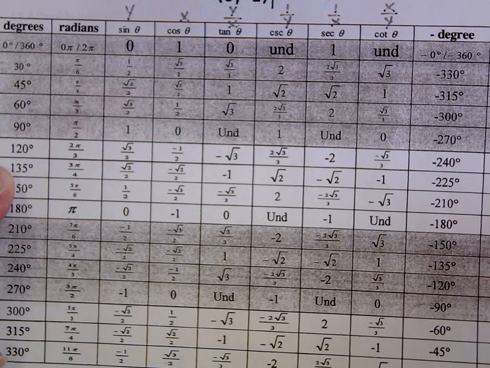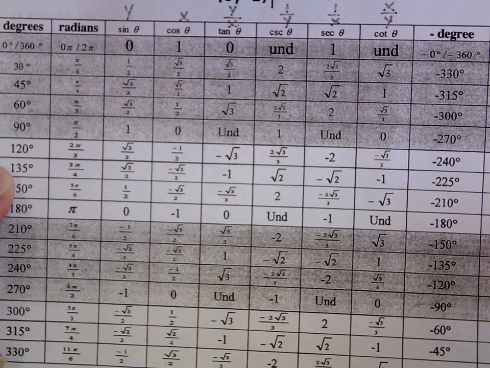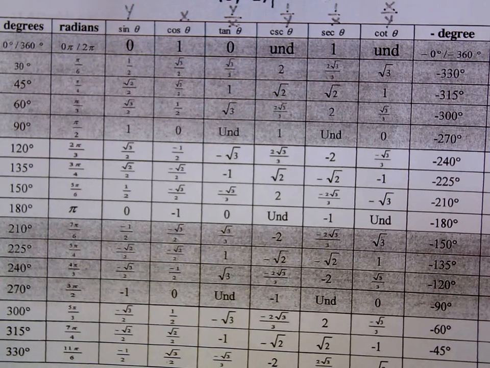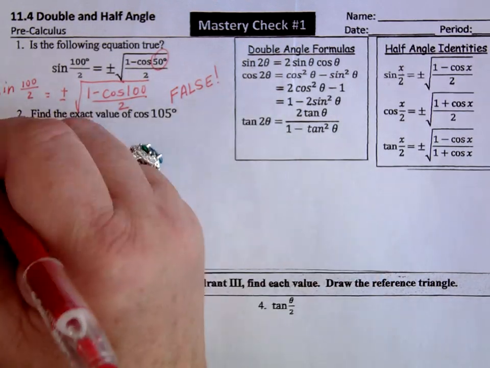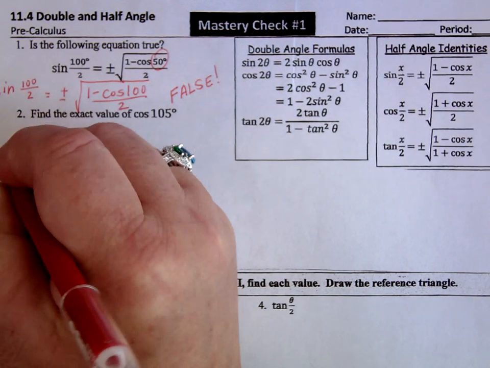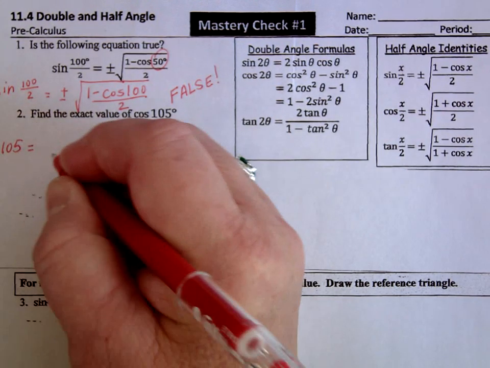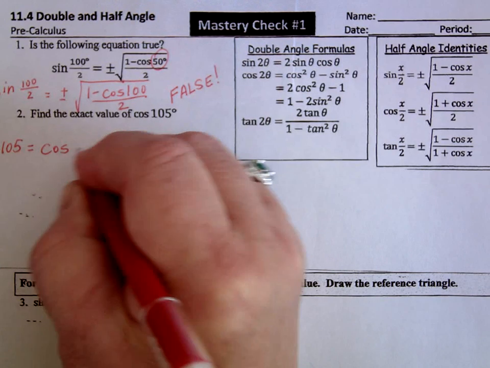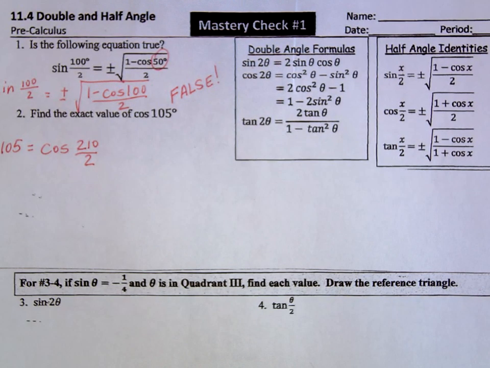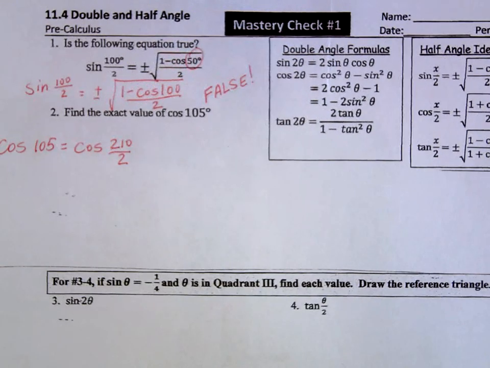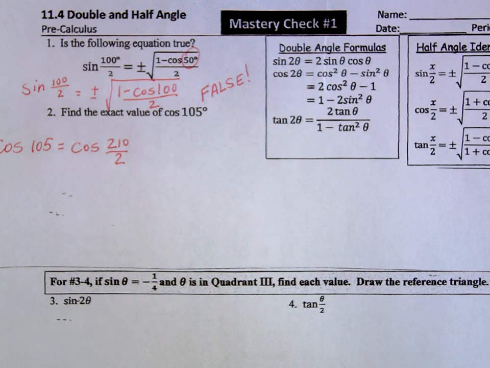If it's not one of our numbers, I need to work it into being something that's actually on my chart. If I double 105, the cosine of 105 degrees is also the same thing as the cosine of 210 degrees divided by 2, because if I take 210 degrees and divide it by 2, I get 105.